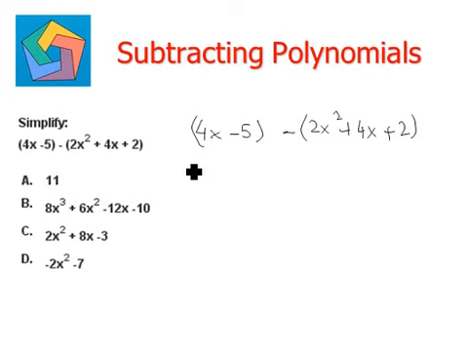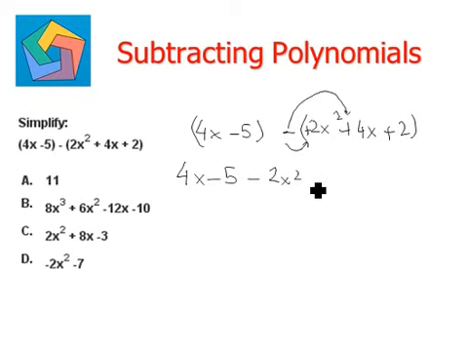So the first polynomial as it is. Now the second one, we have a minus sign here. A negative and a positive is a negative 2x squared. A negative and a positive is a negative 4x. And a negative again with a positive is a negative 2.